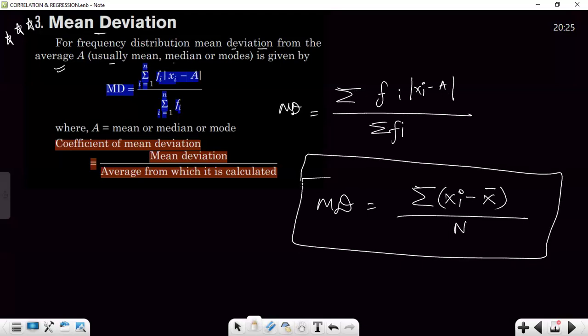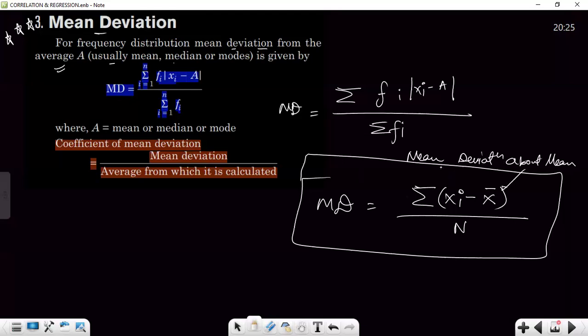It can be given by sigma Fi, as we know, and sigma of Xi minus x bar, where x bar is representing its mean. So this is actually the formula of mean deviation about mean, because we have mean here, right?